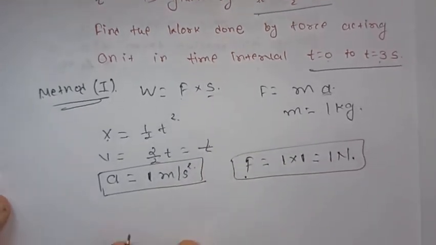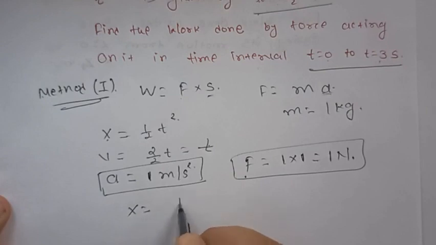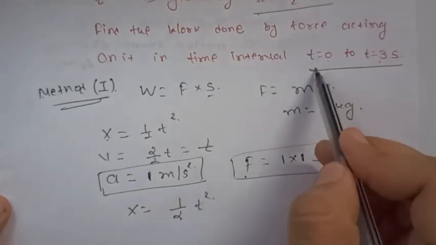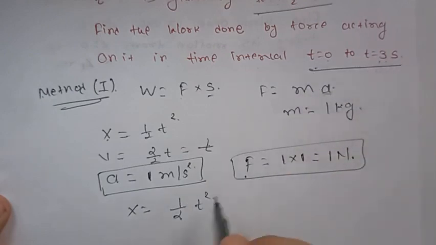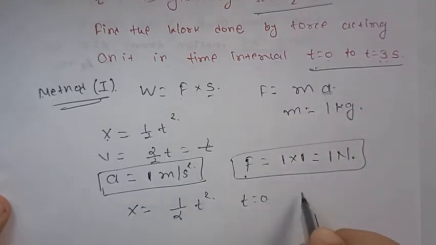Now we want the displacement. The position equation is given x equals half t square. We want to find the work done between t equals 0 to t equals 3 seconds. For t equals 0, x equals 0. And for t equals 3, x will be equal to 9 by 2.